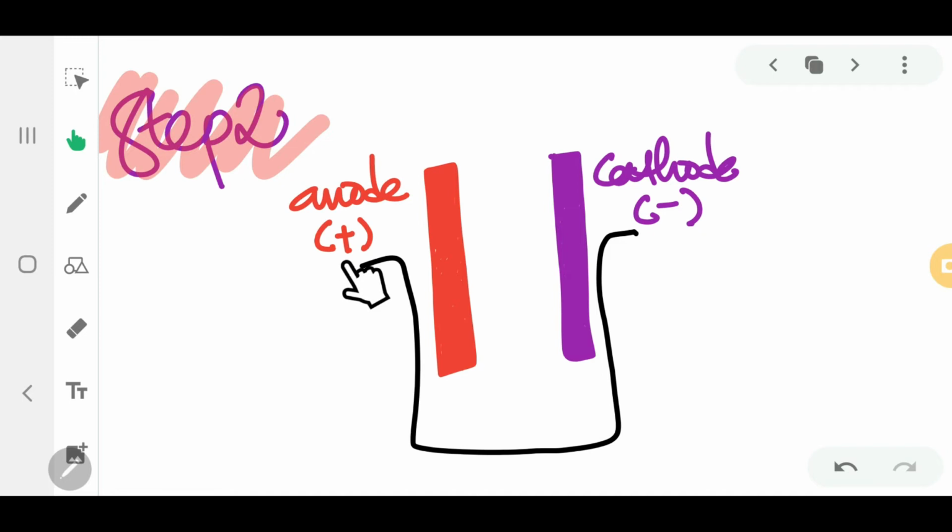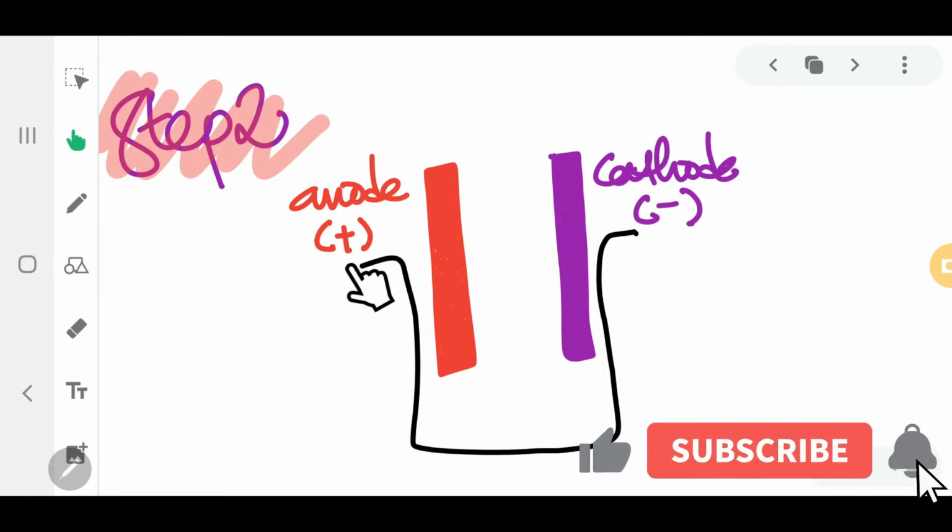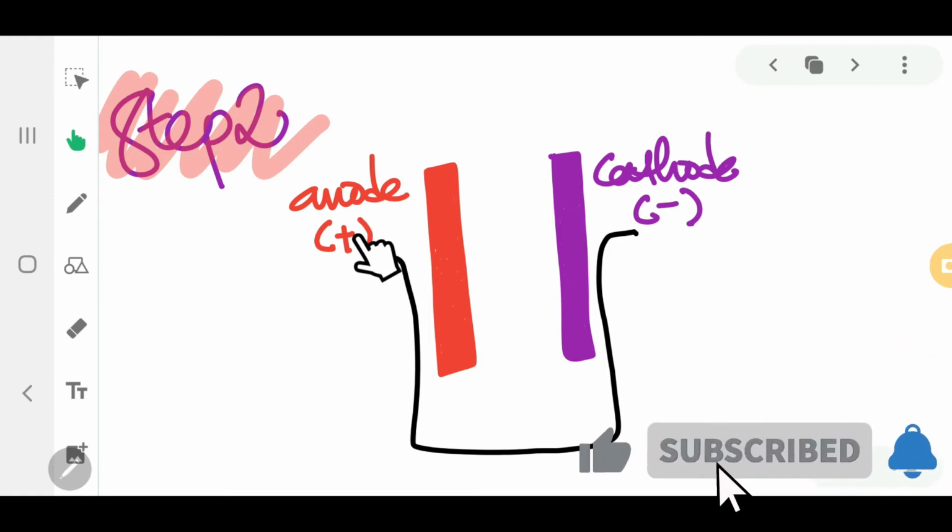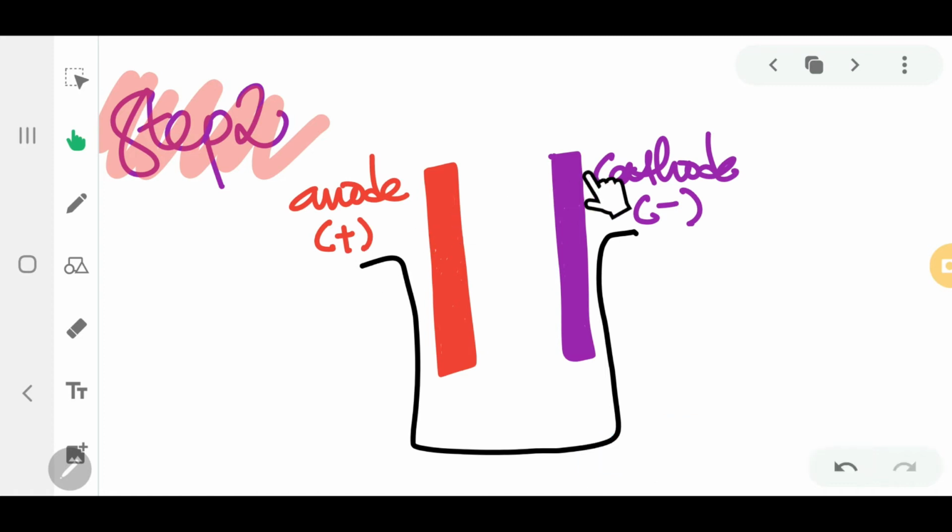It's different from a galvanic cell, in which the anode is the negative terminal. But for an electrolytic cell, the anode is the positive terminal and the cathode is the negative terminal. Oxidation still takes place at the anode and reduction still happens at the cathode, but the terminals are different compared with the galvanic cell.